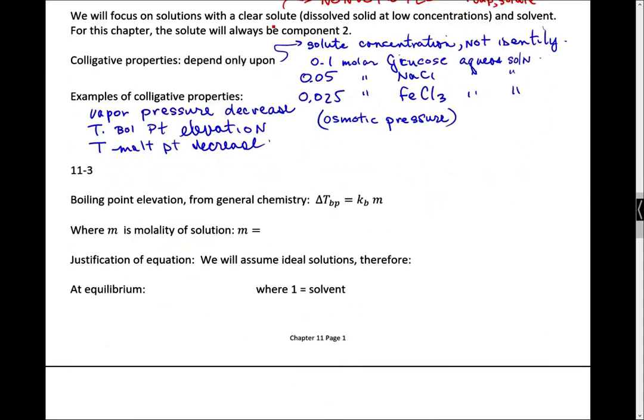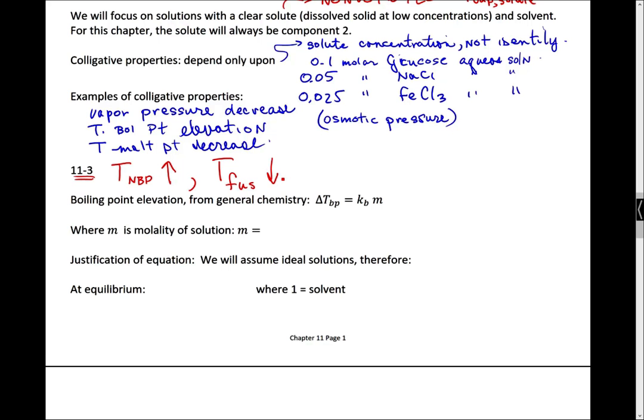Okay, so in section 11.3, we're basically going to talk about the normal boiling point going up and the fusion temperature going down. Some of you covered these in Gen Chem too: colligative properties, freezing point depression.